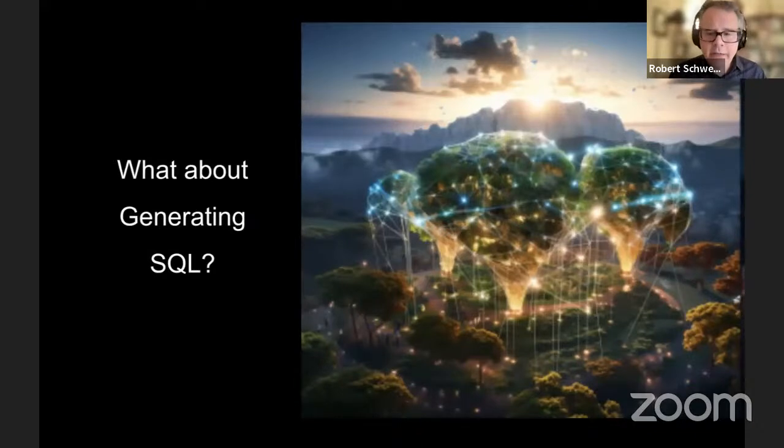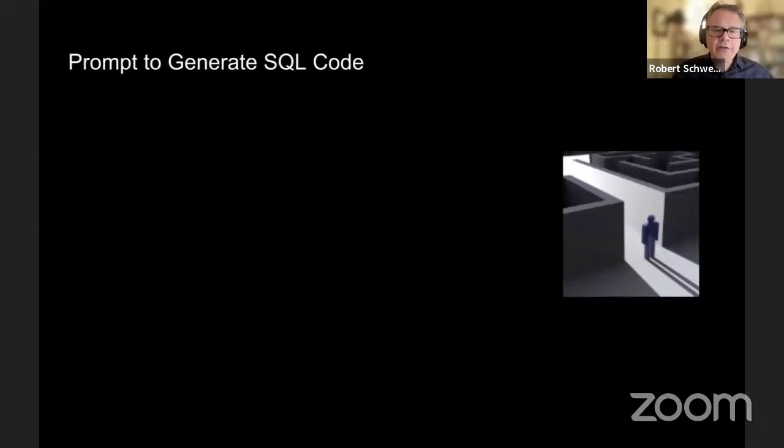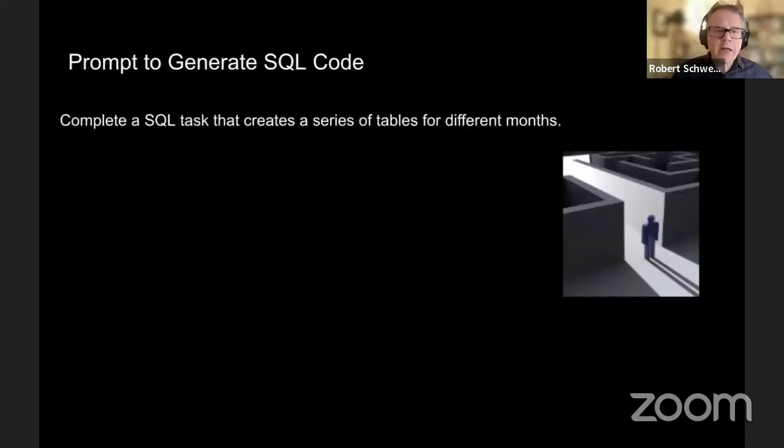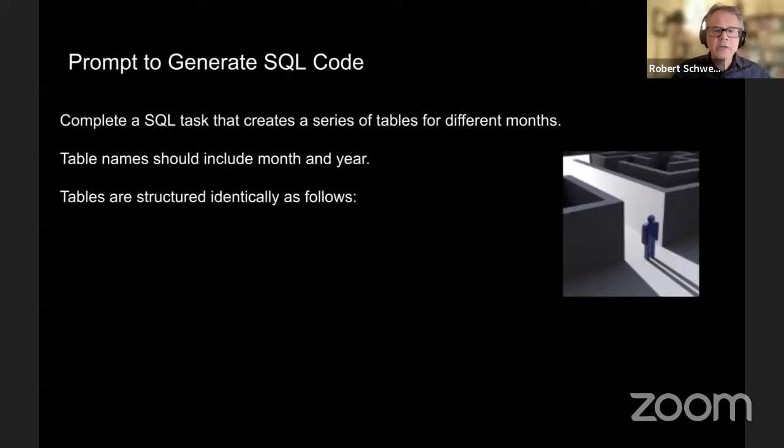So imagine that we can use ChatGPT or Claude or Bard to generate SQL code. So imagine us giving it a prompt to generate SQL code, and we could have it complete a task that creates a series of tables across time, across months and years, perhaps. So we should ask the table to include the month and the year, and we might ask it by giving it some samples to structure it as follows. We might specify an ID as part of a table column.